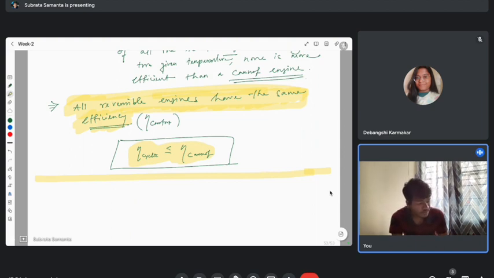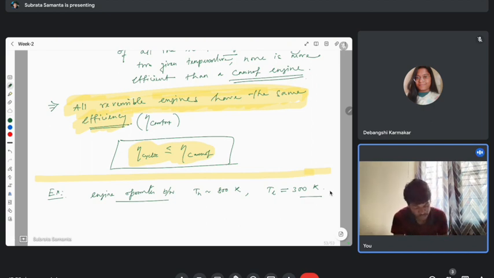Let's say an engine operates between TH and TL, where TH is 800 Kelvin, and TL is 300 Kelvin.